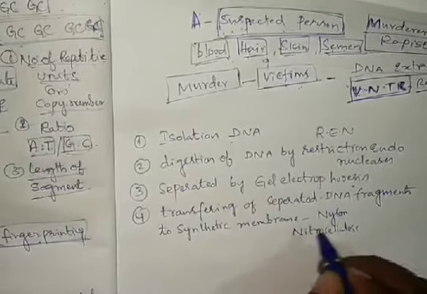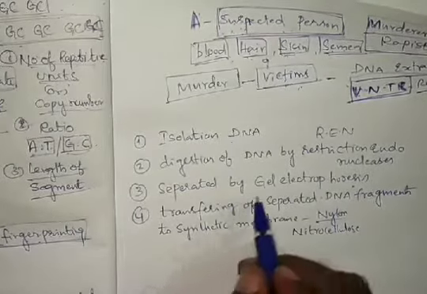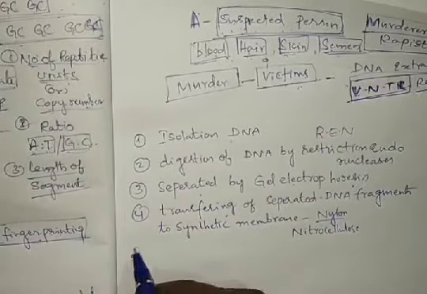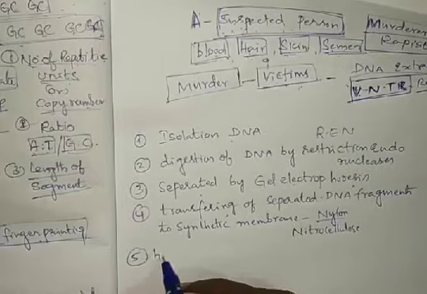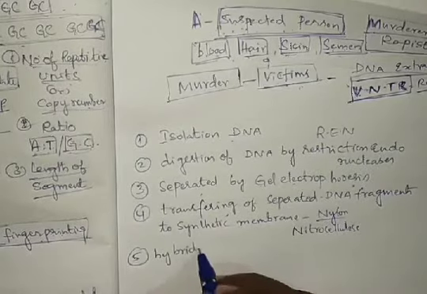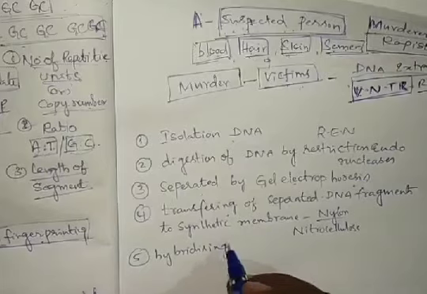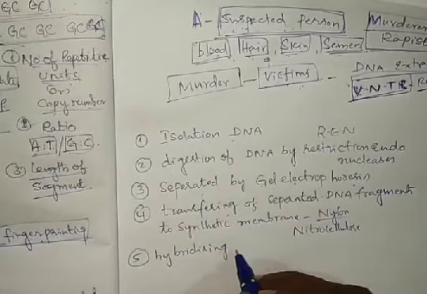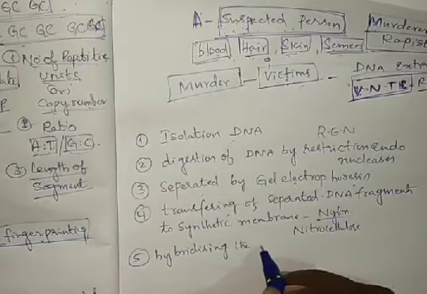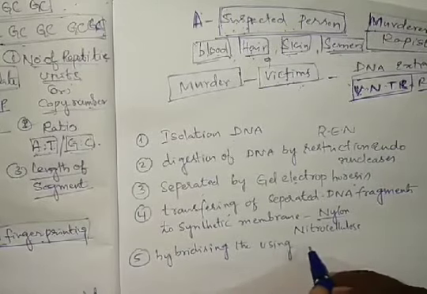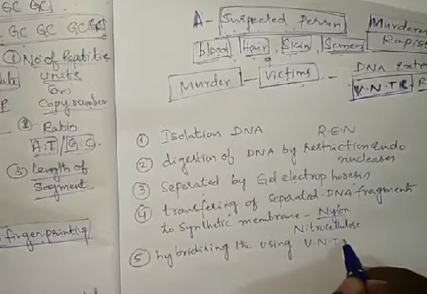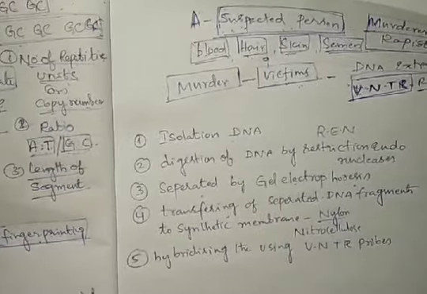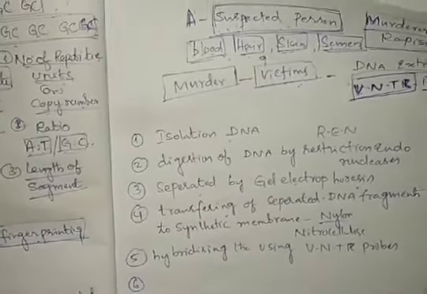To the synthetic membrane, the separated DNA fragments are transferred. Next step, hybridizing the DNA fragments using VNTR probes. This is the fifth step.